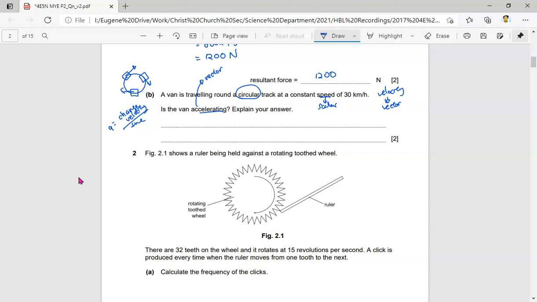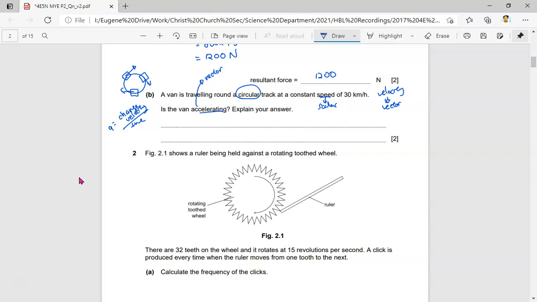So now, when we talk about the value, the value of the velocity is 30 km per hour. Okay, 30 km per hour, which is the same as the speed. Because velocity and speed we know is sort of like the same thing. So if the speed is 30 km per hour, the velocity will also be 30 km per hour. However, there's one more thing about velocity that we seldom think about, which is direction portion.